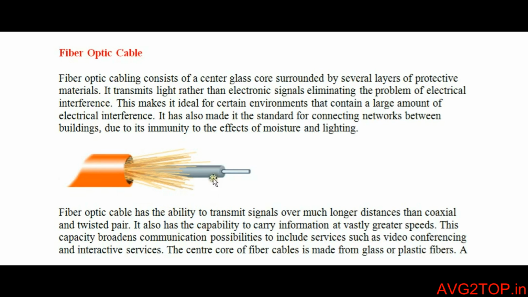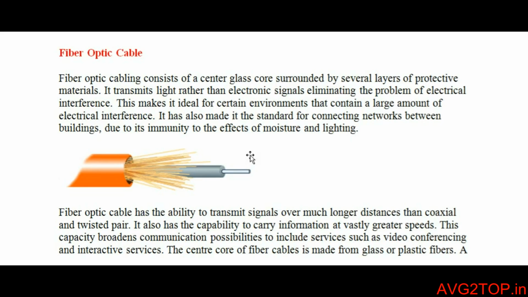It is used to connect two different buildings, due to its immunity to moisture and light. It transmits the signal over a very long distance compared with coaxial cable and twisted pair, and the information is carried at the greatest speed.